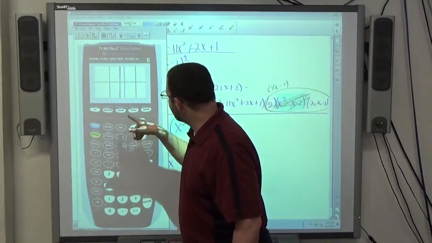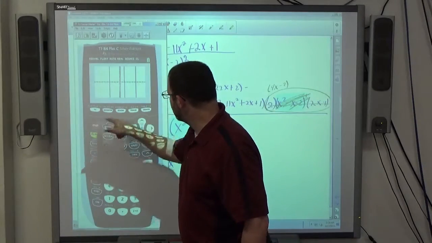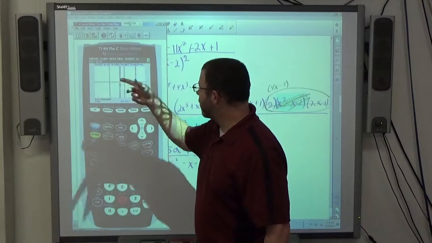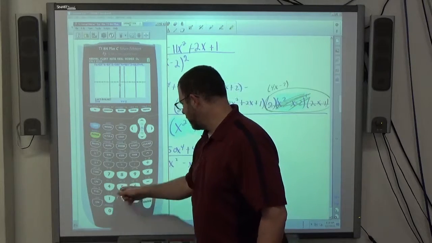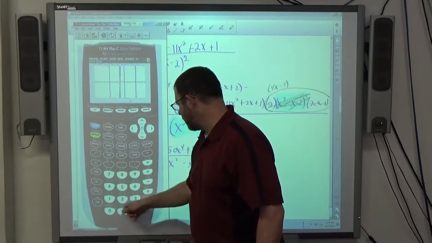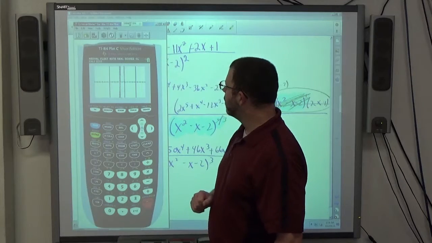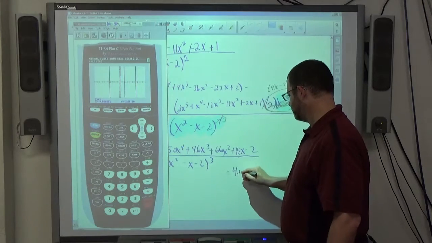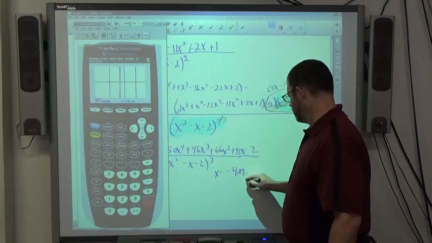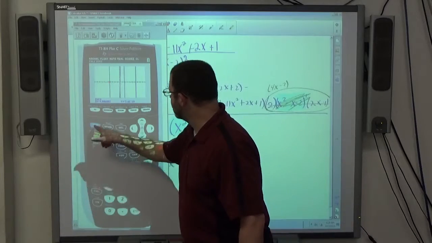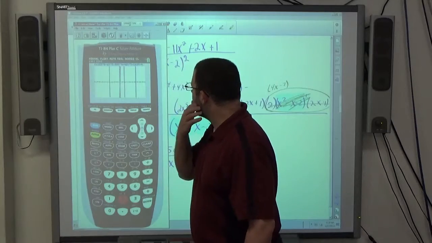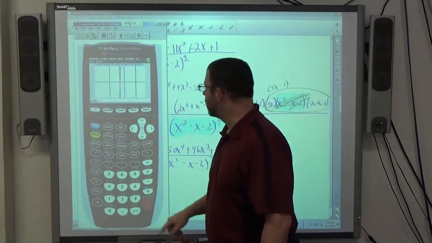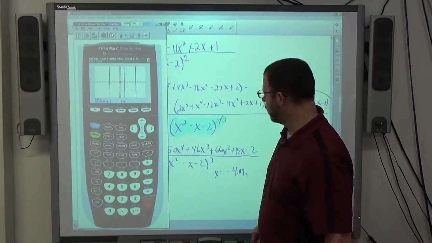So, if I look at my critical numbers here, zoom, let's see, calculate 0. Looks like around -4, right? So, -5 too small, -3 too big, guess -4, and we get -4.09. The second one, calc 0, looks like around 0, so -1 too small, +1 too big, guess 0, and it's going to be 0.04.